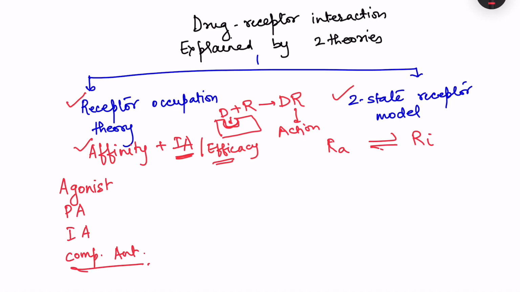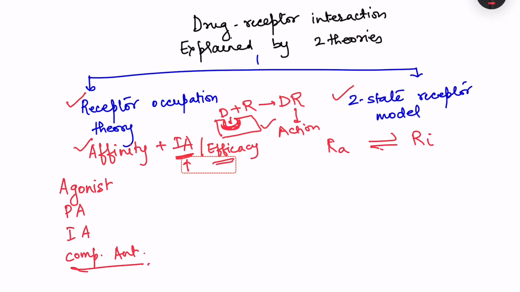Affinity is basically the strength of binding of the drug with the receptor site. Intrinsic activity is, after binding, what is the change happening at the receptor level? Is it becoming activated or is there no action? That is intrinsic activity. So let us see how affinity and intrinsic activity differ across all these different types of drugs which we have discussed.